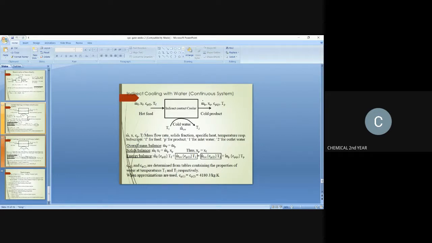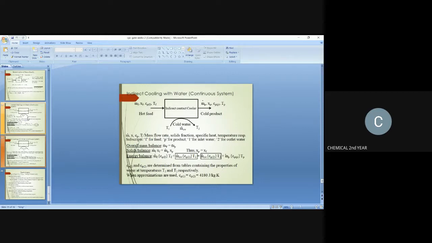The energy balance equation is given by M dot f into Cpf into Tf plus M dot cw into Cp1 into T1 is equal to M dot cw into Cp2 into T2 plus M dot p into Cpp into Tp.